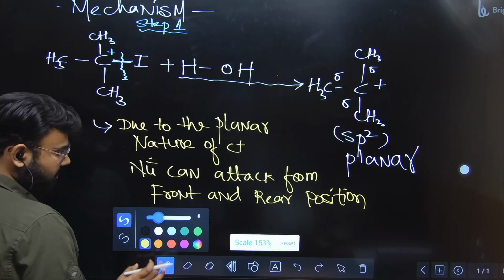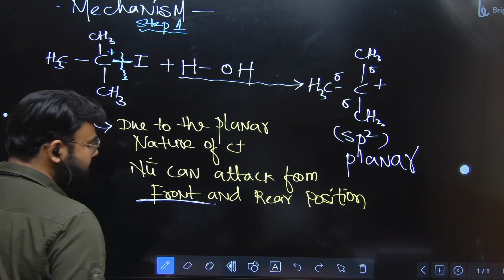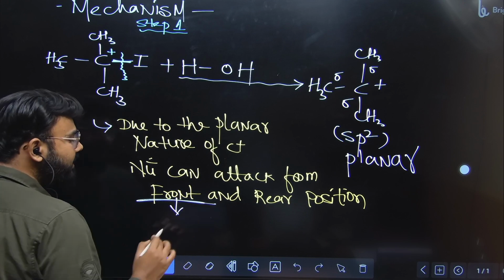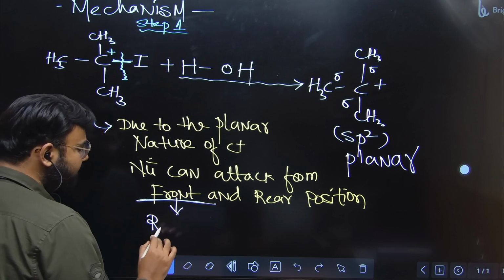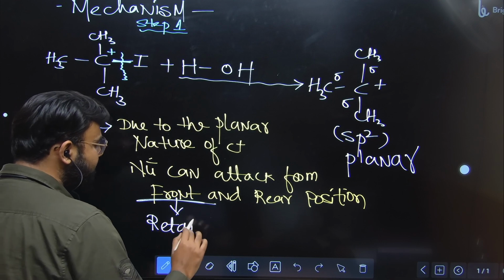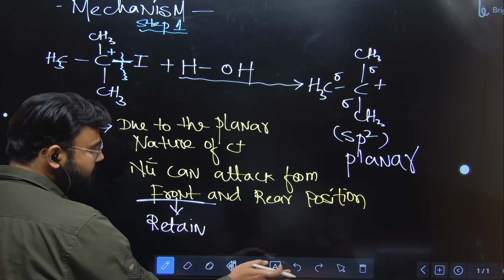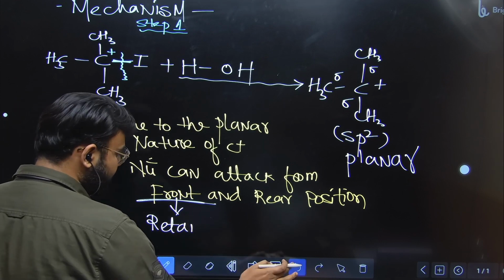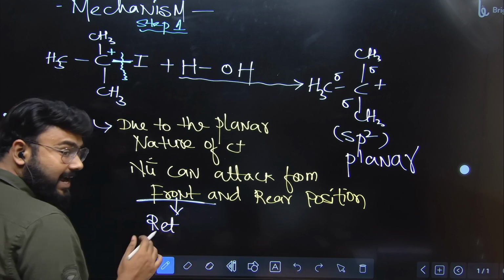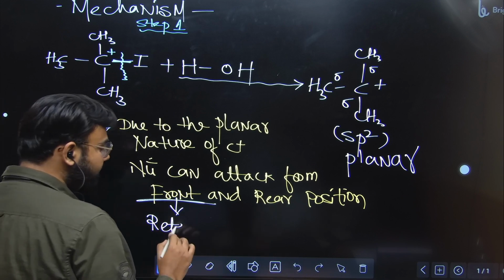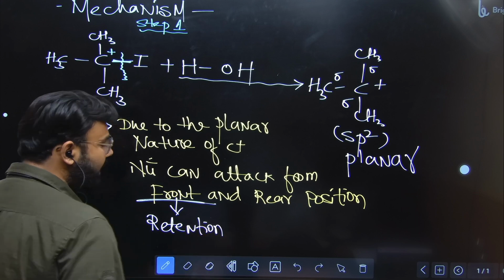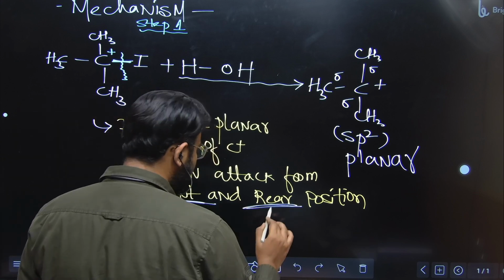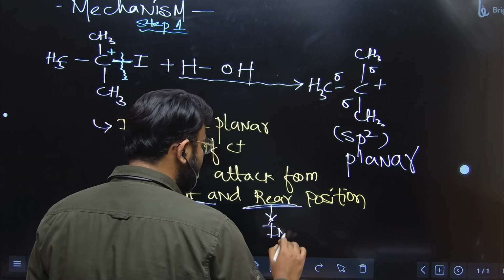Yes, sir. Front means, remember, the front gives retention, meaning the structure is retained. That is why it's called retention. Write it down: when attack happens from the front, it's called retention. And when attack happens from the rear, it's called inversion.